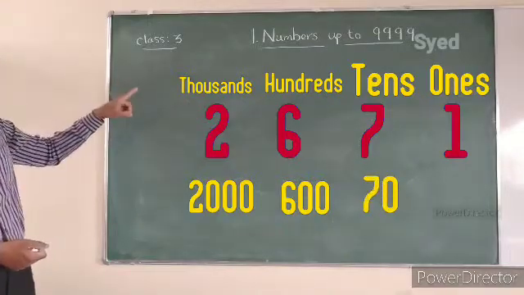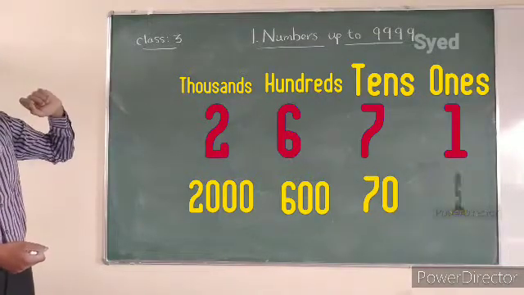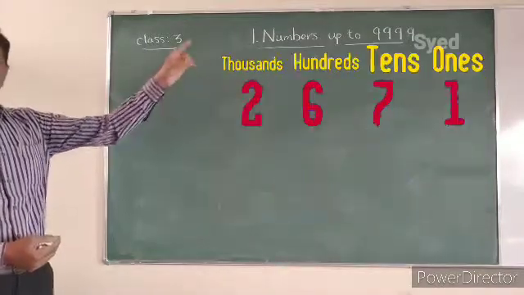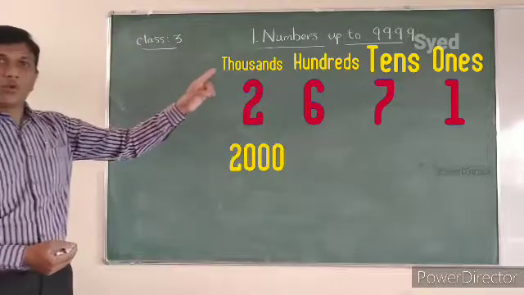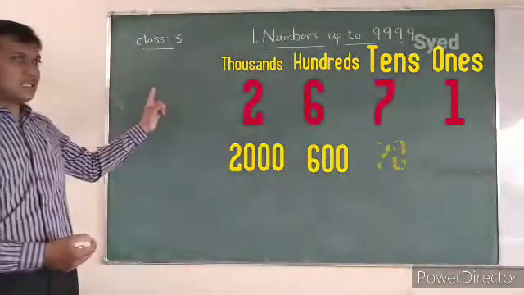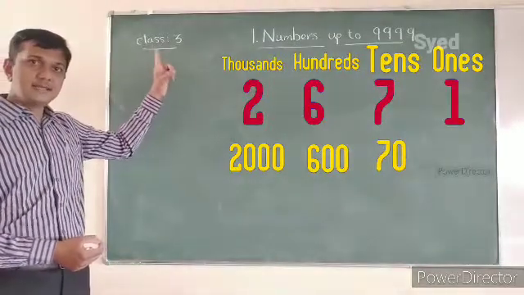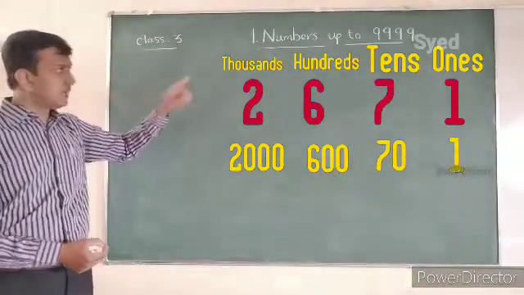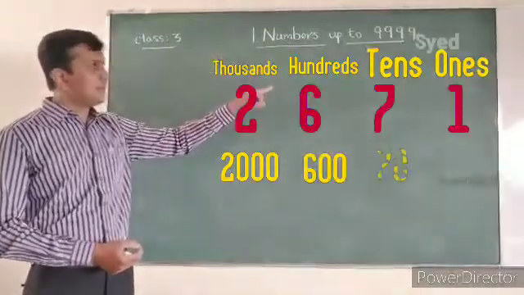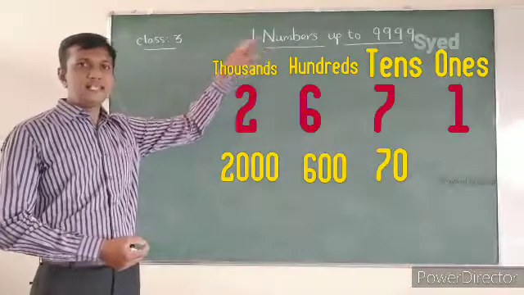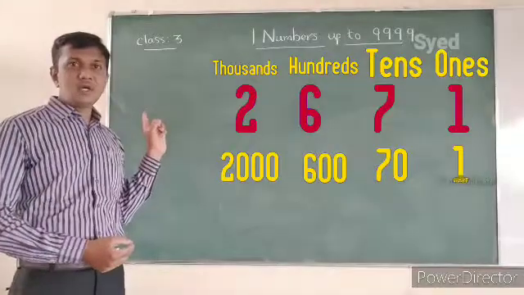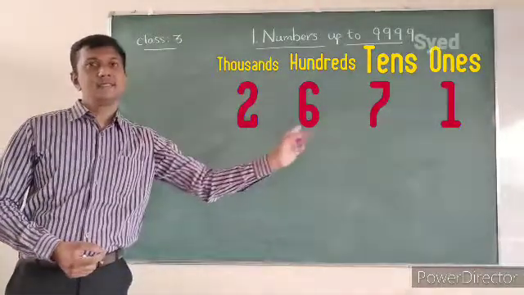That means 2 is in the thousands place, 6 is in the hundreds place, 7 is in the tens place, and 1 is in the ones place. Since 2 is in thousands place, we call it 2000. 6 is in hundreds place, 600. 7 is in tens place, that's why 70 plus 1. So overall it is 2671.